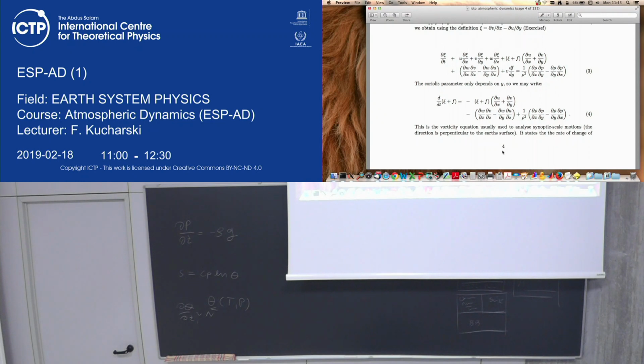This term here is also an interesting term. It's called the twisting term. It turns out for our large-scale considerations, it's not important. This term means that we have a rotation axis located in the horizontal that can be twisted or turned into the vertical direction. Actually, this term we discussed last year in current weather several times, tornadoes.